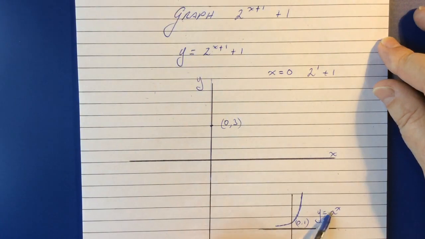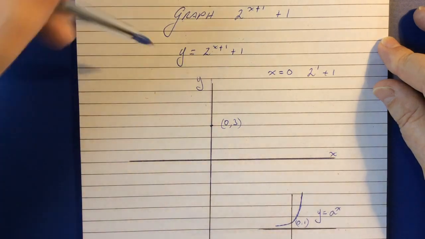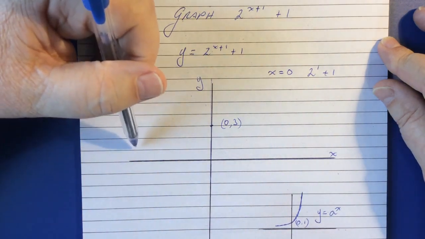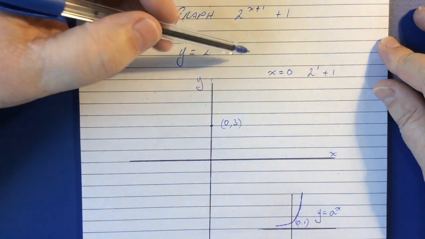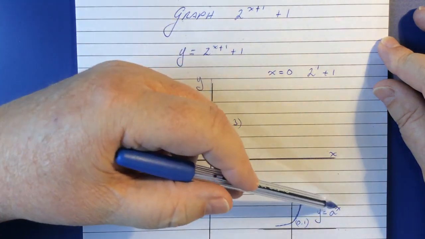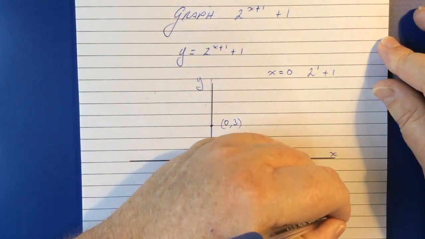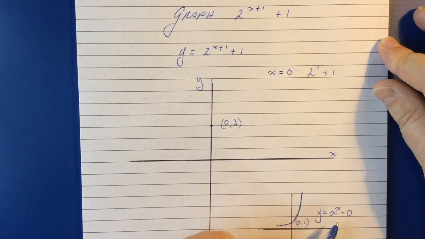Now compare that to a standard one where invariably these things pass through the y-axis at 1. Now, what else do we know? Well, if we rewrite this very slightly, what we have here is a to the power of x plus 0.